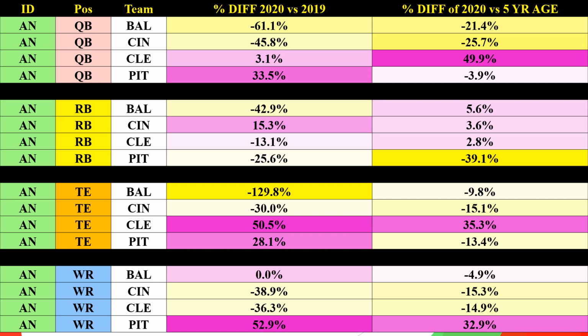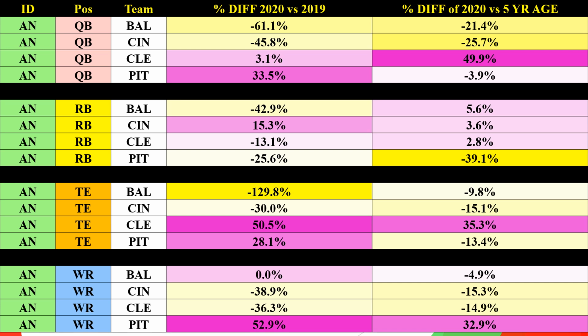Love this data. I look at percentages, another way to parse it out. I look at 20 versus 19 percentage difference and percentage difference 20 versus the 5-year average. If we look at the quarterback, the reason Pittsburgh looked so good 2020 to 19 was that Roethlisberger got back.